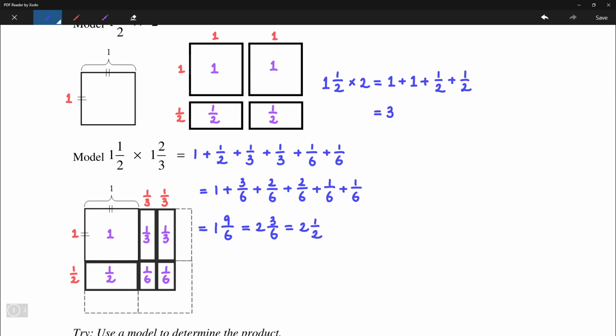Which also makes sense if we look at the area model. These two areas of 1/6 can be made into 1/3, which makes this 1 here. So we have 1, 2, 1, 2, and then a half. So that is indeed the product.